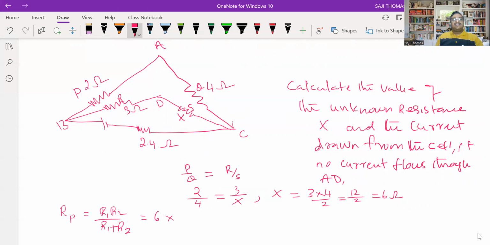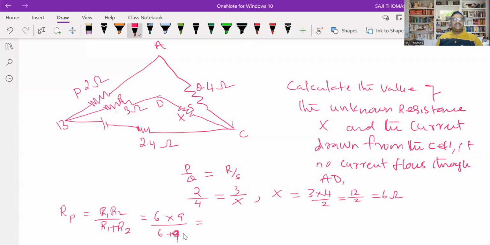Now, the other series is 3 and X, which we found as 6. So 6 plus 3 is 9. So 6 into 9 divided by 6 plus 9.